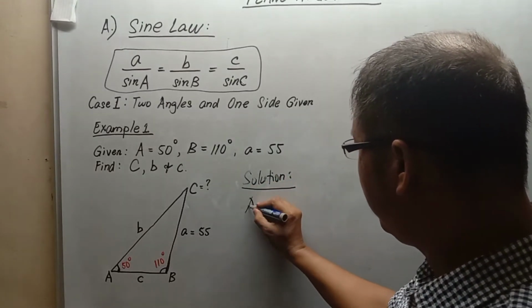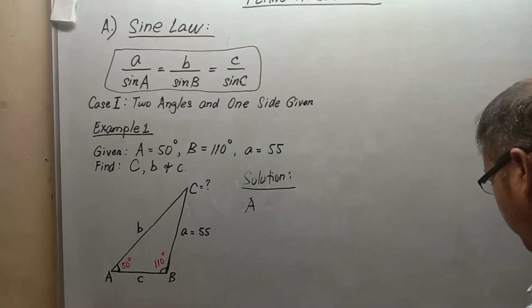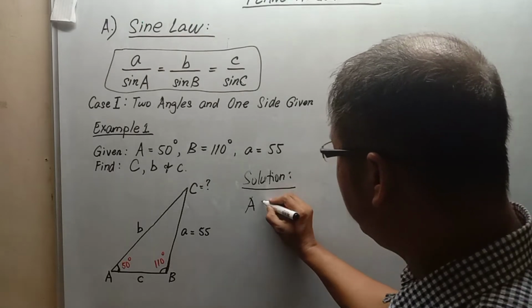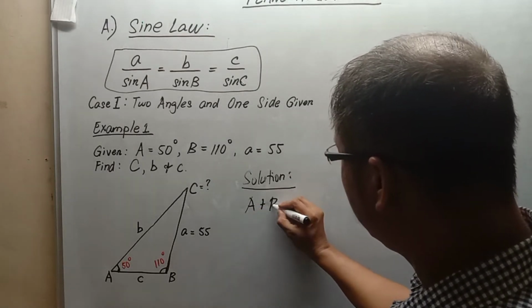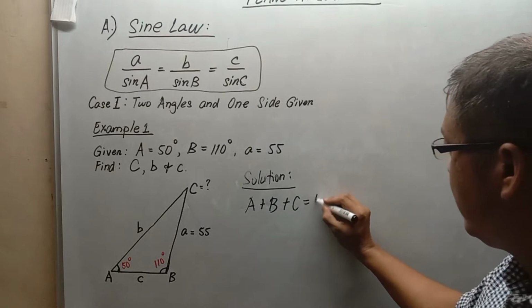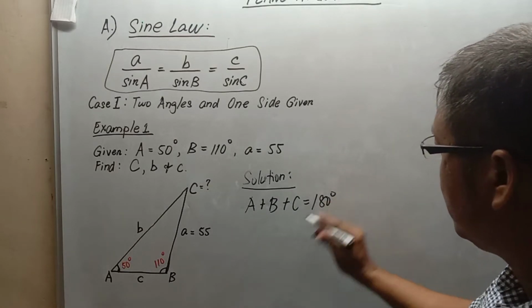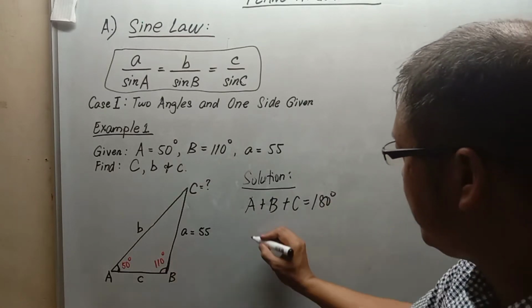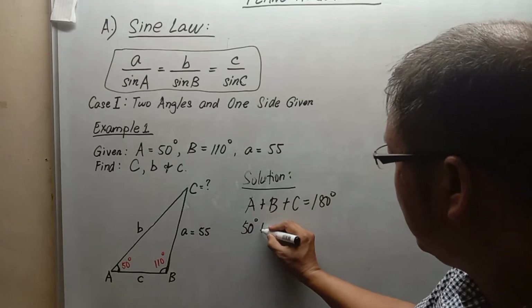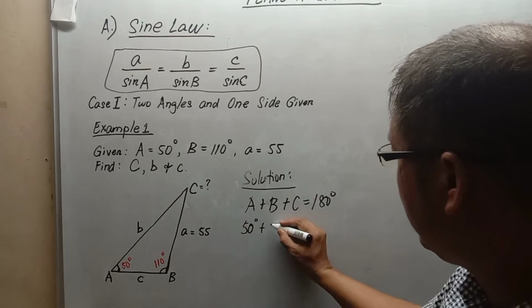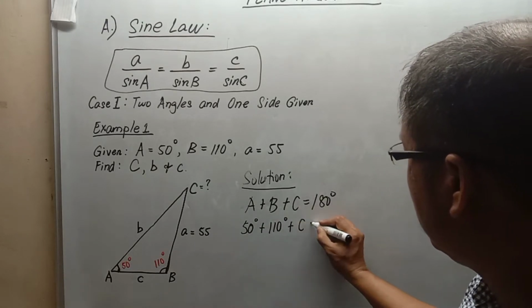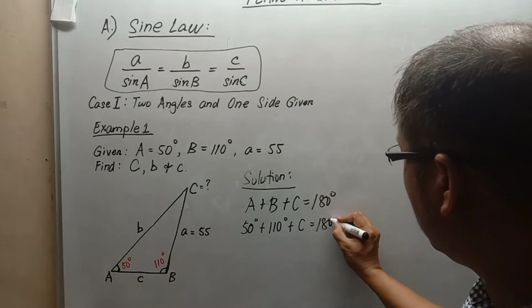A plus B plus C is equal to 180 degrees. So, substitute angle A, which is 50, plus angle B, which is 110, plus C, equals 180 degrees.